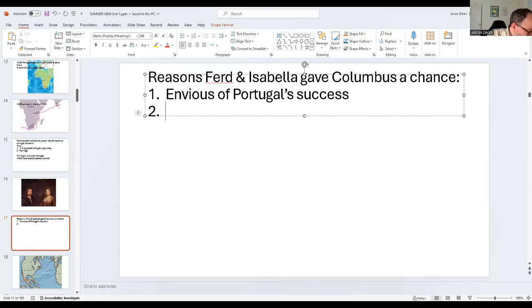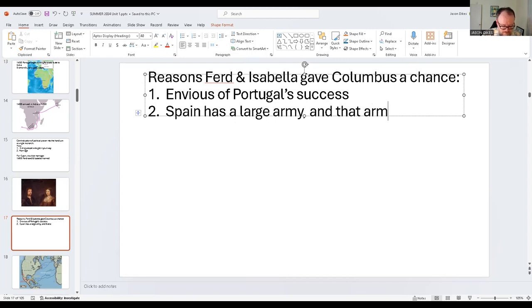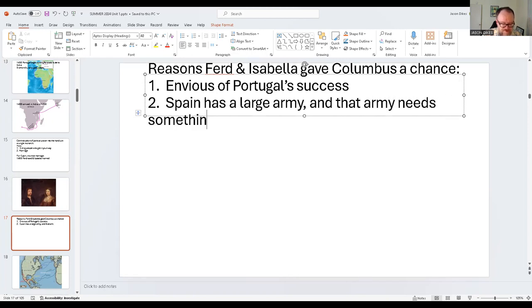Second, Spain has a very large army, which was very unusual for that time. And that army needs something to do.